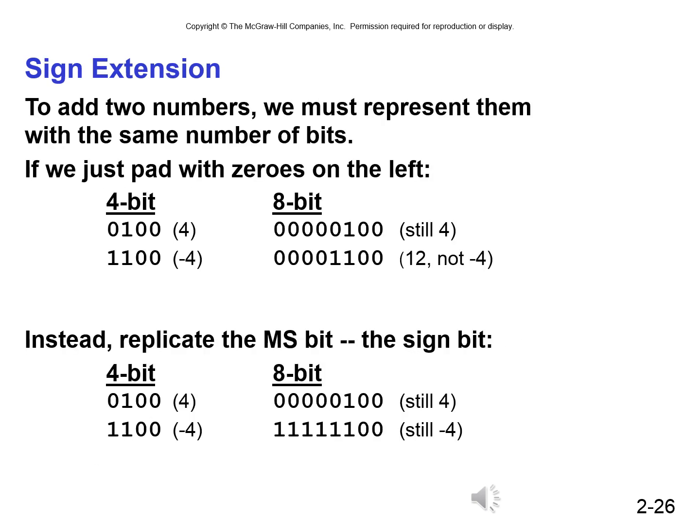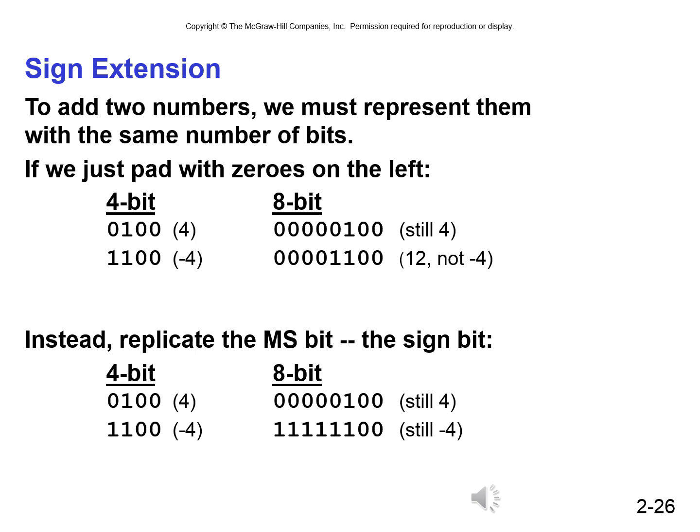Next up, sign extension. It's a very important term. In order to add two numbers, we have to represent them with the same number of bits, especially if they're 2's complement numbers. So if we just pad zeros on the left, 0, 1, 0, 0, which is 4, is still 4.